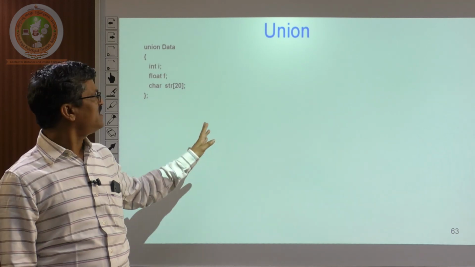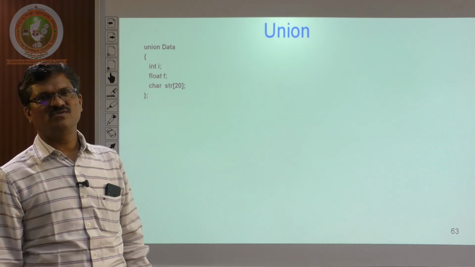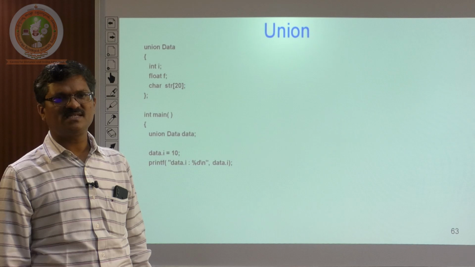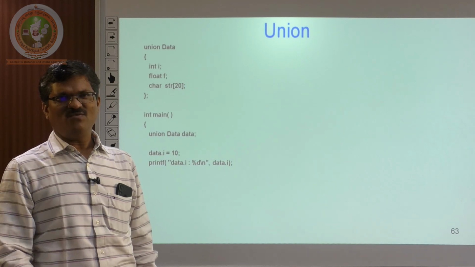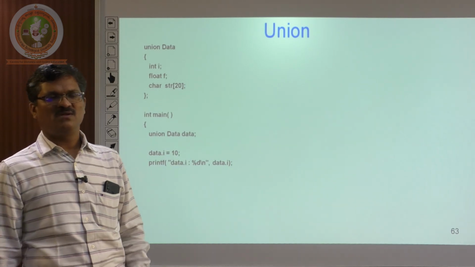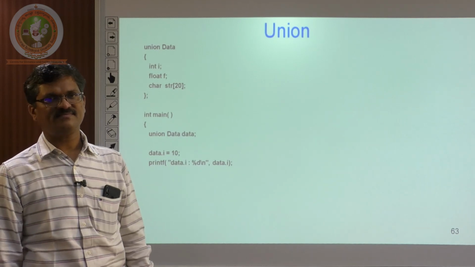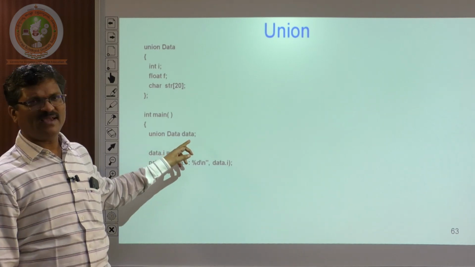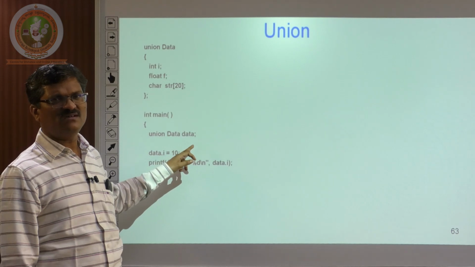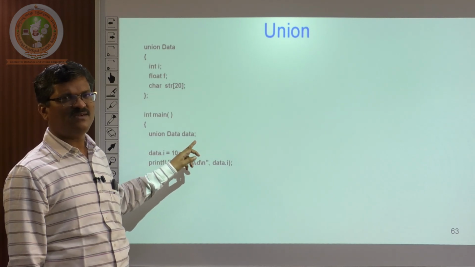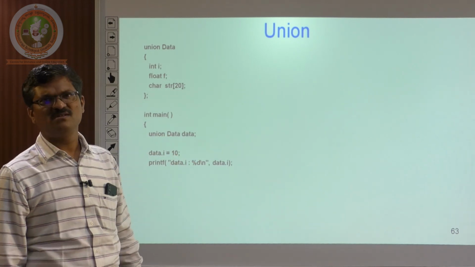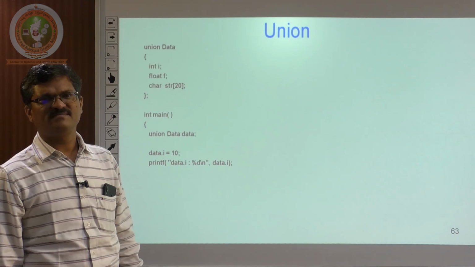Okay. Another example to include i, f, str, same. Now, see the way we assign and check the values. So, we have defined again the same user defined data type, which happens to be of type union data.